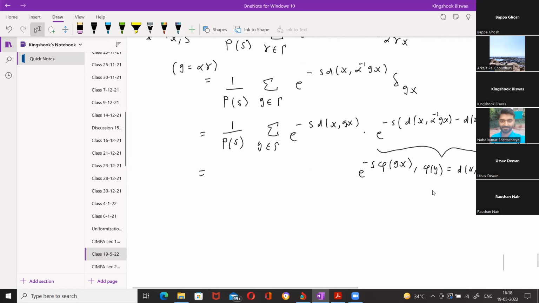Okay, phi is a function of y. Now on the boundary, as y converges to xi, what does this converge to? This converges to the Busemann function.